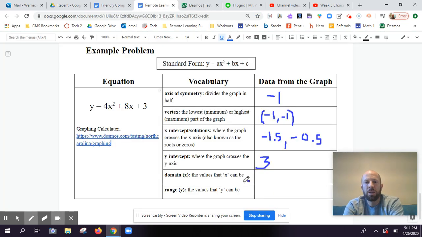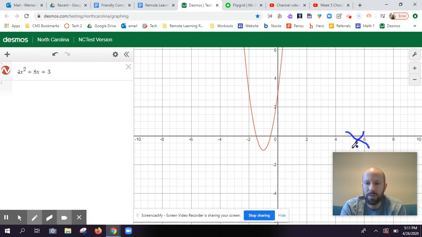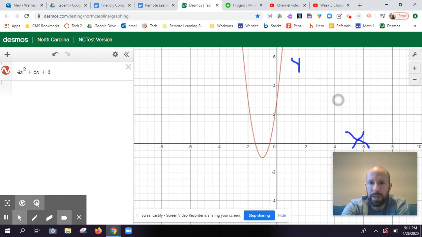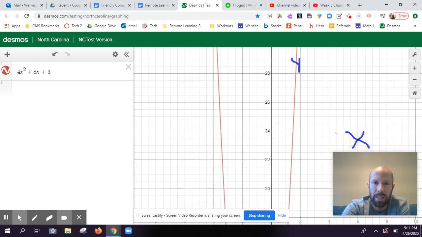Last things that we need then are domain and range. Domain, again, is all the values that the x can be. Again, the x is the one that is running this way. This is the x. It's the one that's running left and right. It is the one that is horizontal. Vertical one is the y. That's the one going up and down. So x can be, and it's nice we can actually see it here, x can be any number, because as we scroll up, you can tell that this graph is just going to expand and expand and expand.